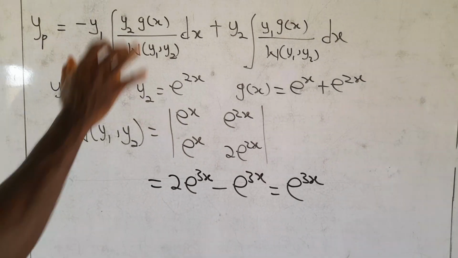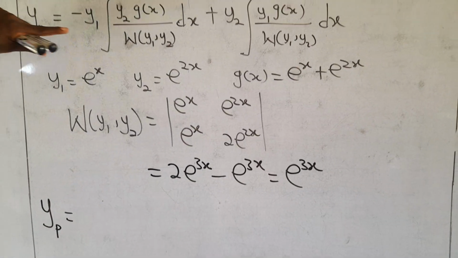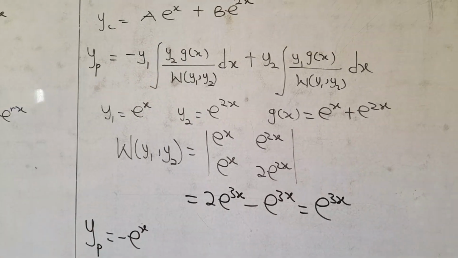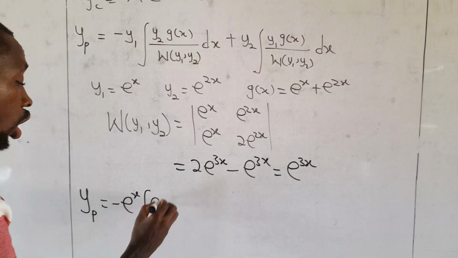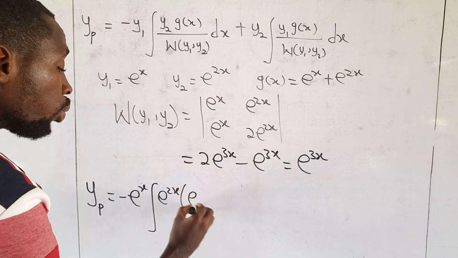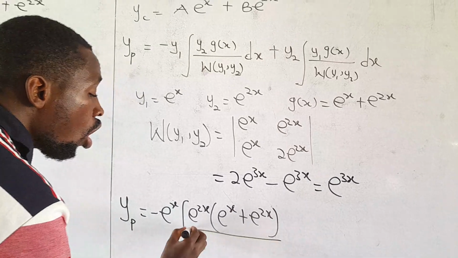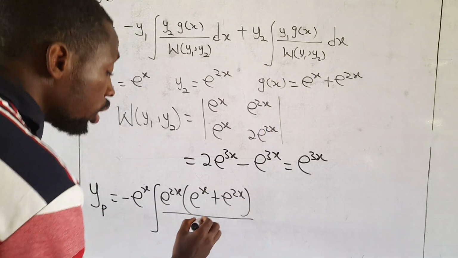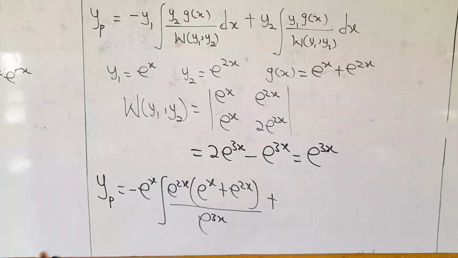So having known everything, we substitute into this function. So our yp will be equal to negative y1, and y1 is e exponent x. So we have negative e exponent x, the integral of y2, which is e exponent 2x, times g of x, which is e exponent x plus e exponent 2x, all over the Wronskian, which is e exponent 3x, then plus our y2.